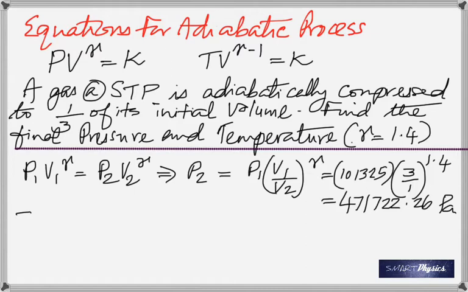And how do you find the temperature? Same thing, but the other equation. Now use this equation because you have the initial temperature, 273. You have the ratio of the volume. So write the equation down, make T2 the subject.